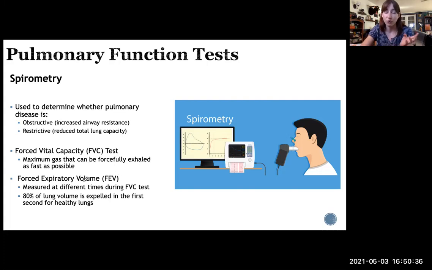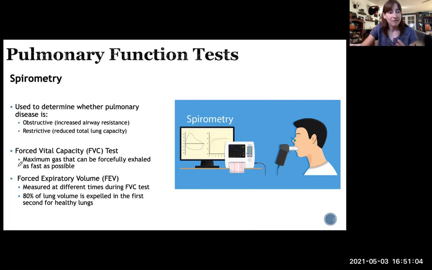I will test you based on the full word, the full verbiage, so that you can understand what these are. The forced expiratory volume is the volume that you can forcefully expire, right? And if you measure it within that first second of the blowing, you should be able to exhale 80% of your lung volume within that first second.